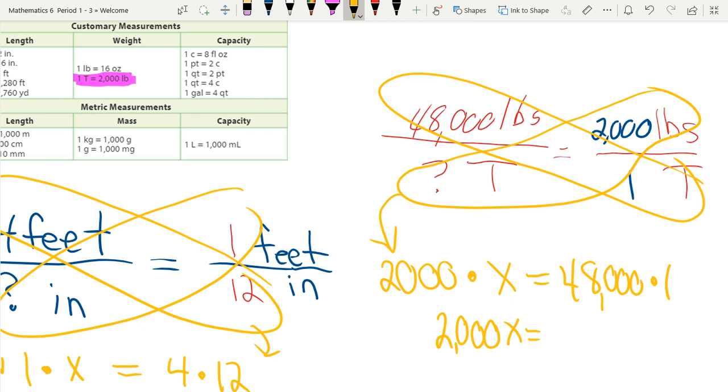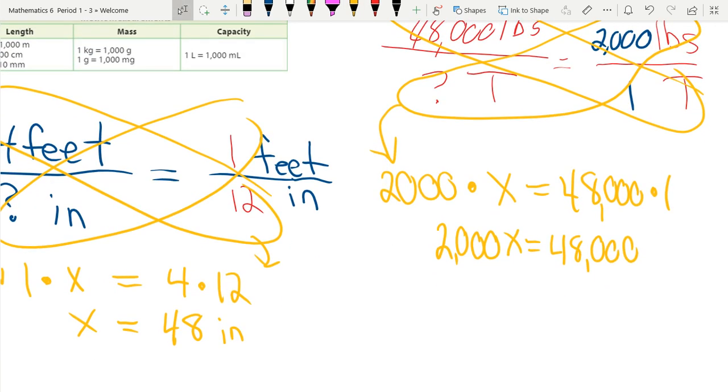And 48,000 times 1 is 48,000. Now I need to solve for x. So I draw my curtain in between the two. I need to isolate x, so the inverse operation of 2,000 times x is divided by 2,000. I'm going to divide by 2,000.